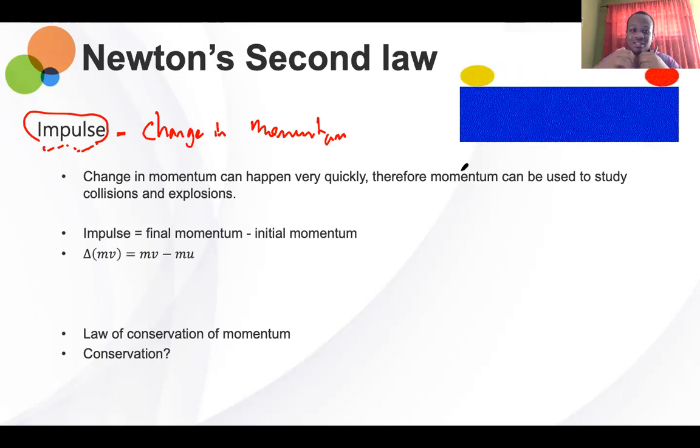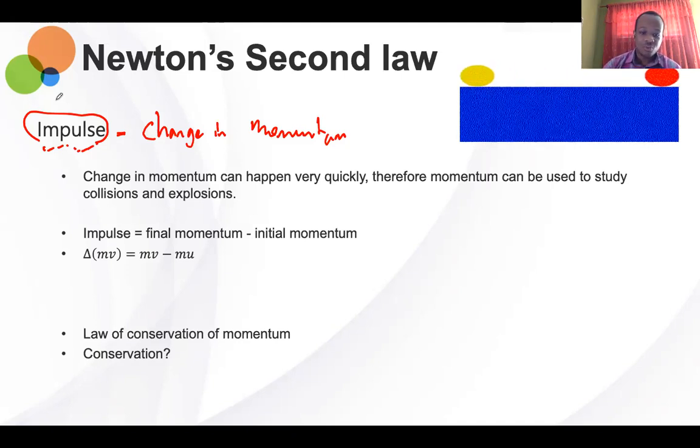You will find that it's explosive, and it has a lot of force involved in it, and people can actually get hurt because of the change in momentum. Therefore, momentum can be used to study collisions and explosions. Any form of collision or explosion, we can use impulse to study these.